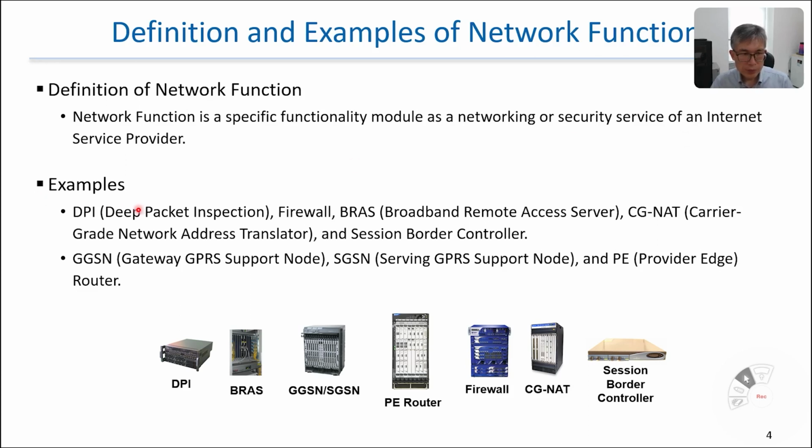The examples include DPI (deep packet inspection), firewall, broadband remote access server, CG-NAT (carrier grade network address translator), and session border controller. Also, in the mobile network case, GGSN (gateway GPRS support node), SGSN (serving GPRS support node), and provider edge router.